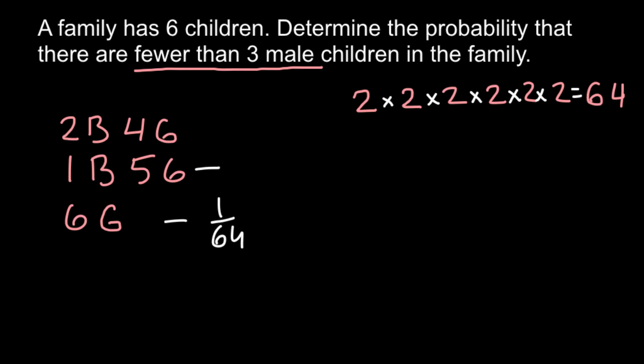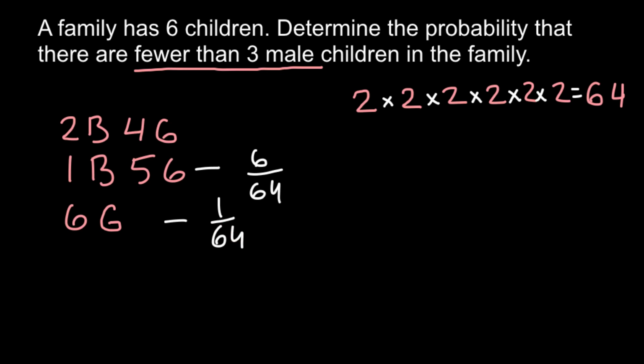Fifth combination would be that the fifth child would be a boy, and the sixth combination would be that the sixth child would be a boy, and the first 5 children would be girls. So as you see, the total number of combinations to have 1 boy and 5 girls would be 6 out of 64. So the total number would be 6 combinations, and the total number of combinations would be 64.